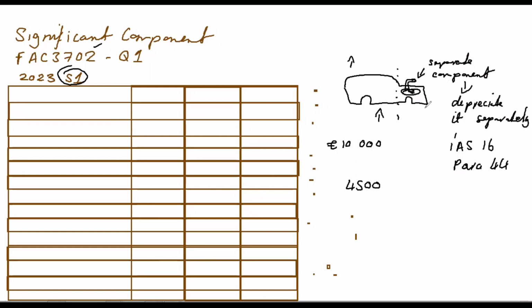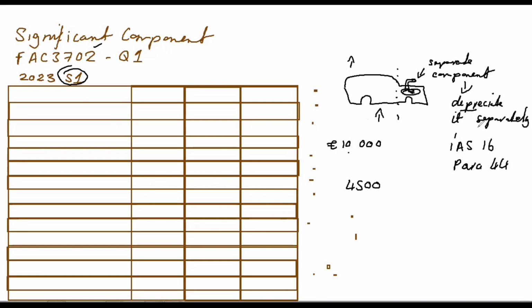Right, that's when they mention this. That some components are of a significant portion of the PPE item. So you need to depreciate it separately. So meaning to say the whole car is 10,000. So what is the common sense behind this?